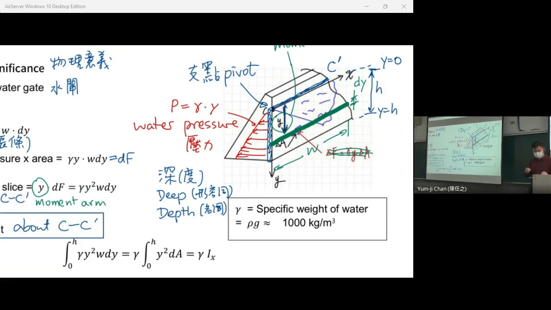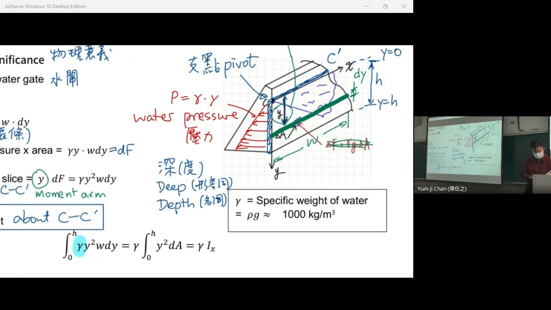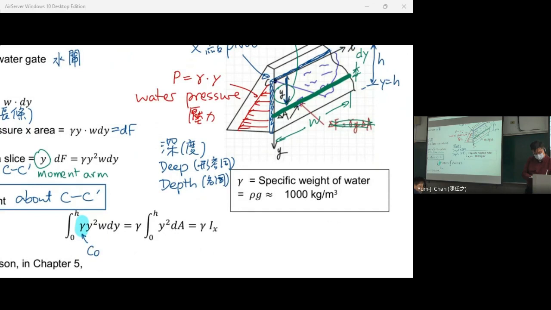Because gamma is constant, it is the same if we put it inside the integrand or outside. So we can put it outside the integral.